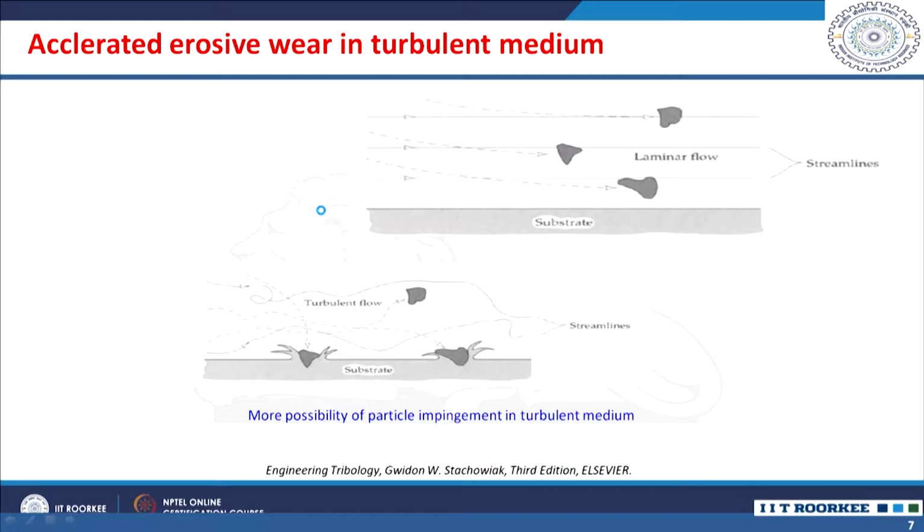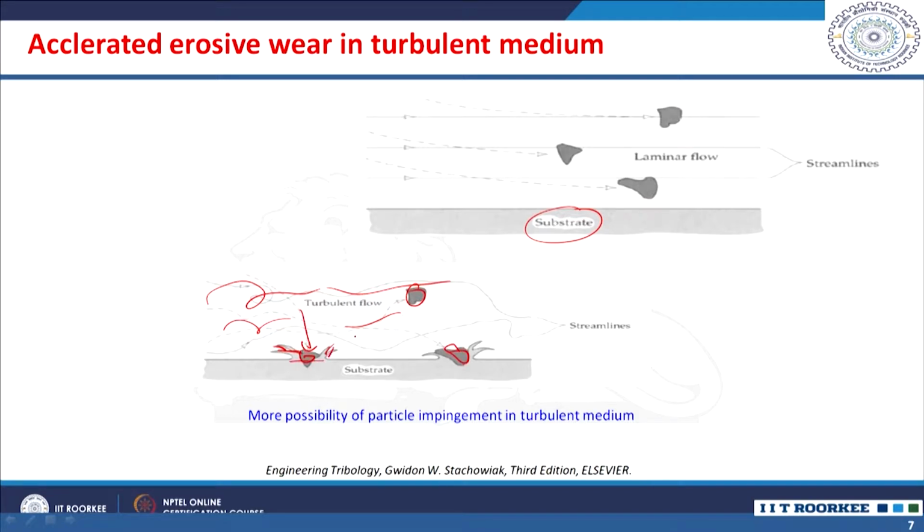So, if you have laminar flow, the particles will be moving in streamlines, right, without impinging on the surface. So, the material is still not removed substantially or not fractured substantially. But if you have turbulent flow of this medium, the particles are more likely to come and impinge on the surface.